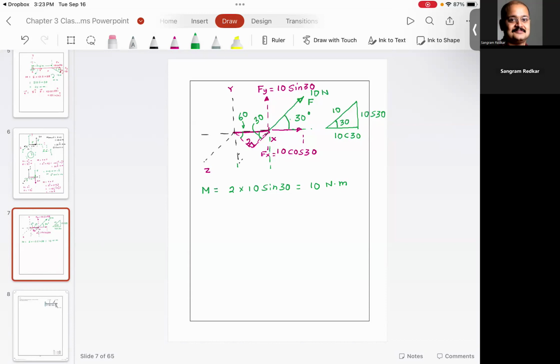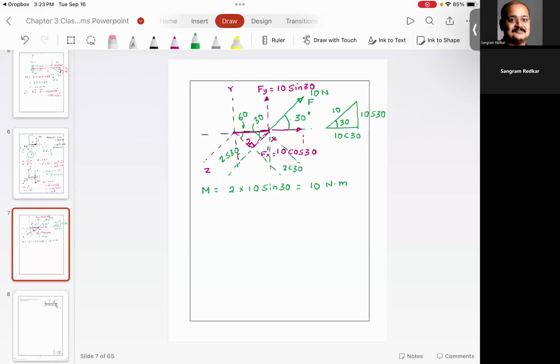So what I did, I extended the line of action of force, and then I drew the parallel and perpendicular lines on the line of action of force, and I have found the component of the distance. Do you agree with me? This distance is going to be 2 sine 30, and this distance is going to be 2 cosine 30.